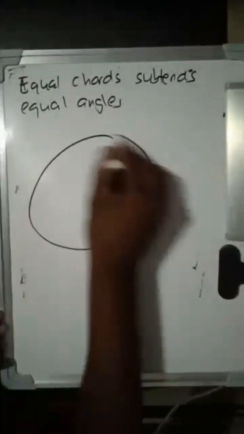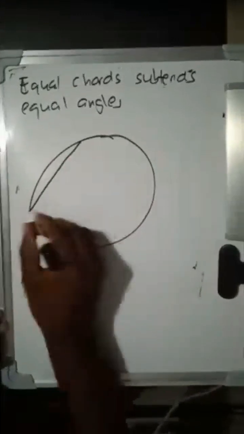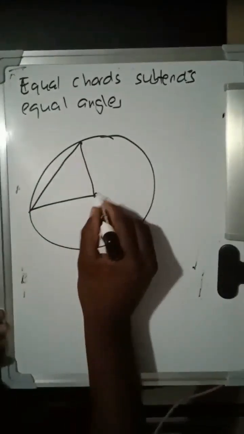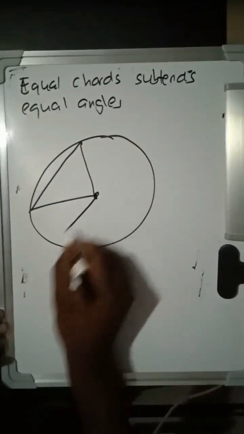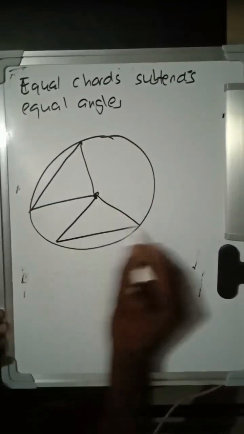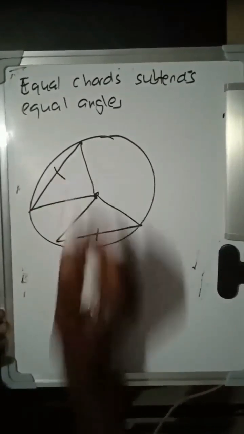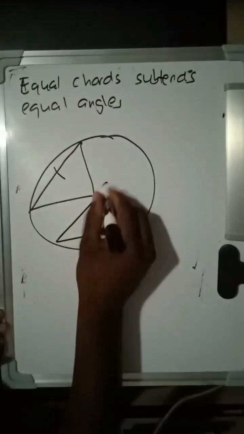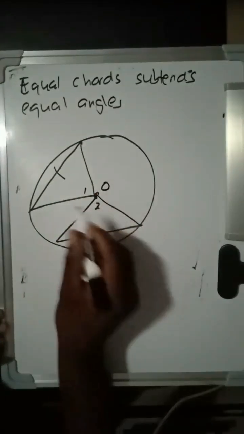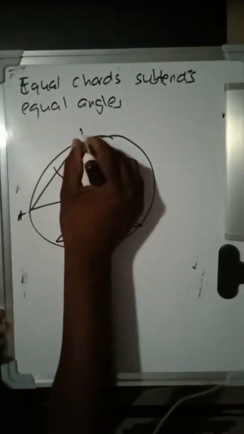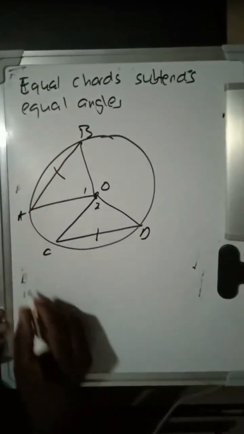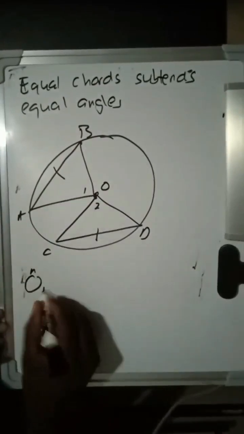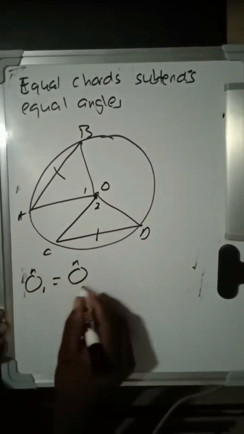Okay, what we mean by that is that if we are having a circle, then we are having a chord that is subtending an angle at the center, right, like that. I'm told that this chord and this chord are equal. Then this is O1, O2. Then A, B, C, D. It means angle O1 is equal to angle O2.